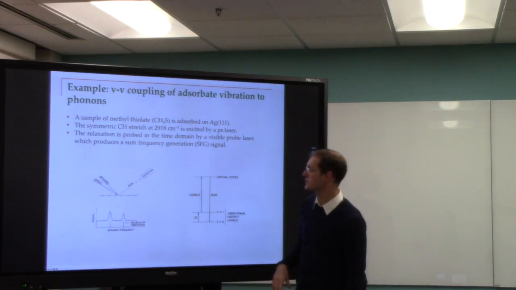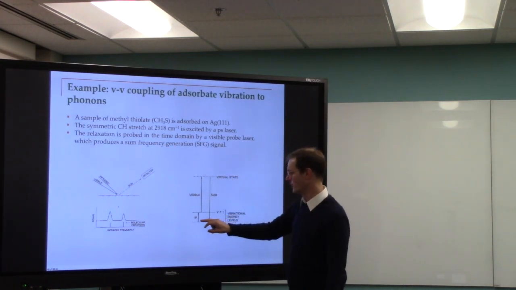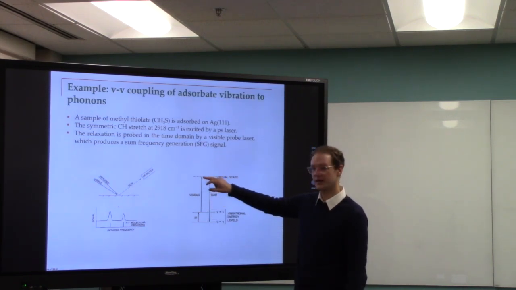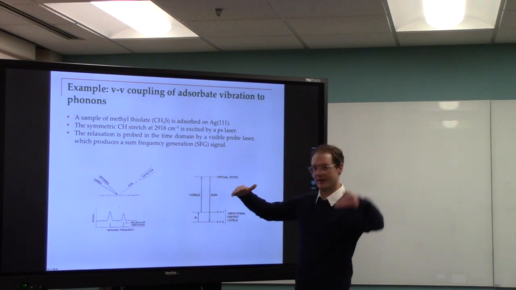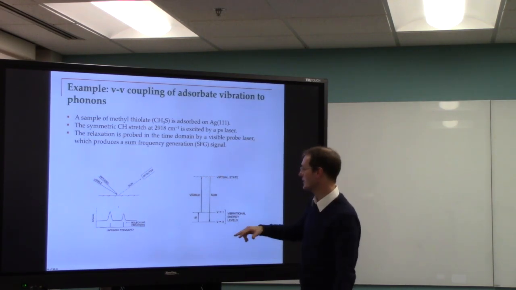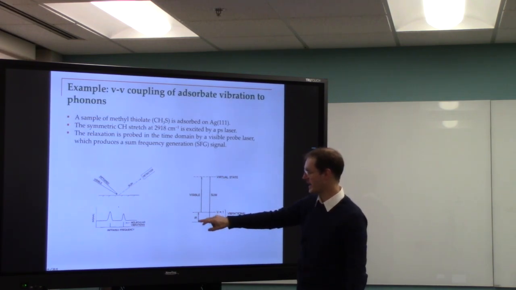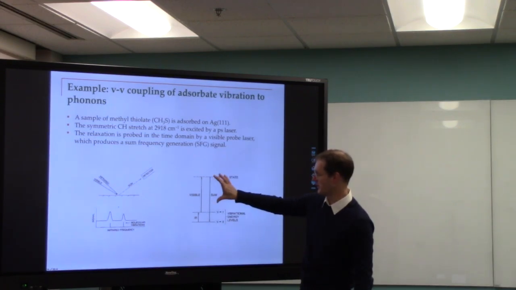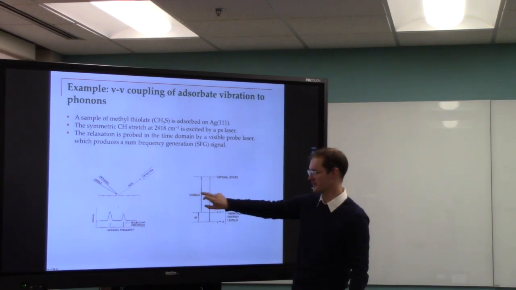And it uses a method called sum frequency generation, which basically means you excite a particular vibration with IR, then you come in with a visible photon, and if the IR excitation is still present when the visible photon reflects from the surface, then you can have this nonlinear sum frequency generation process where the scattered photon takes the IR energy away from the molecule and it goes into the photon, so a photon reflected from the surface has the sum of the energy of the IR and the visible photon.